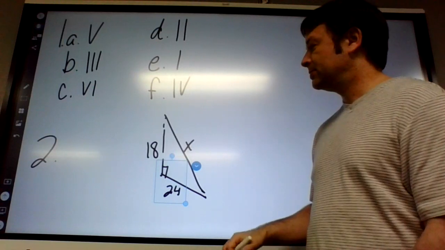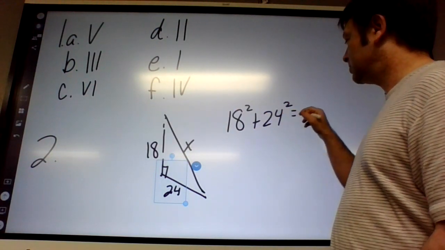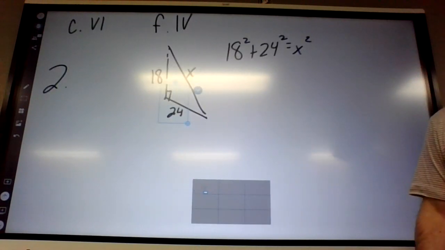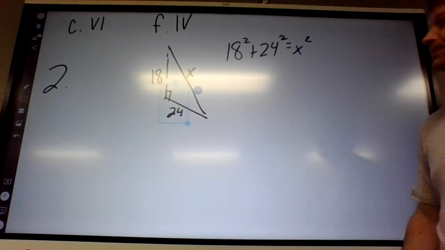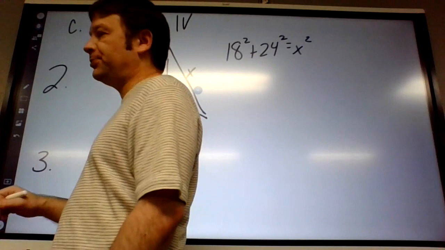A squared plus B squared. 24 squared plus 18 squared is the next one. Pythagorean. Okay, that's kind of what's going on in this section. You guys get it? Like 2 through 4, that's what that section is.